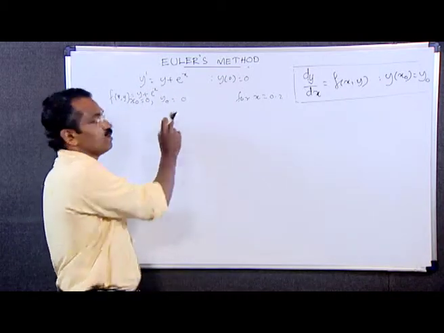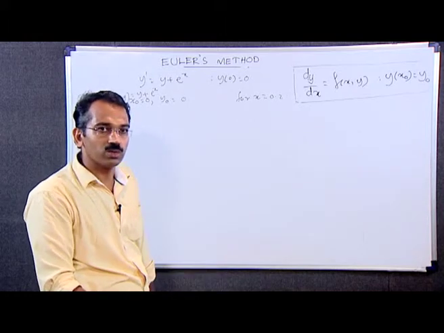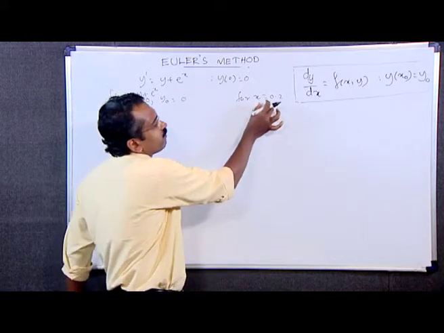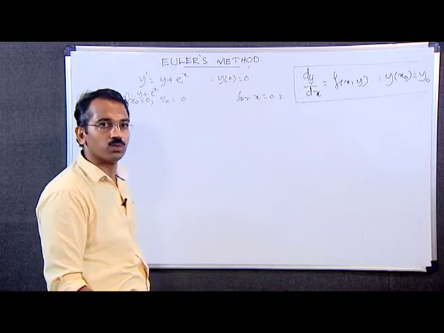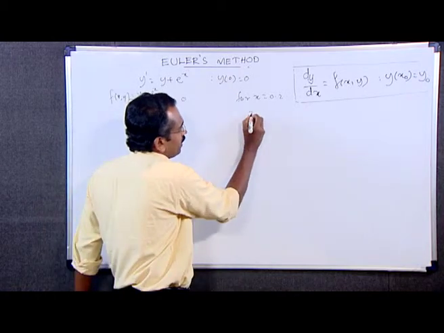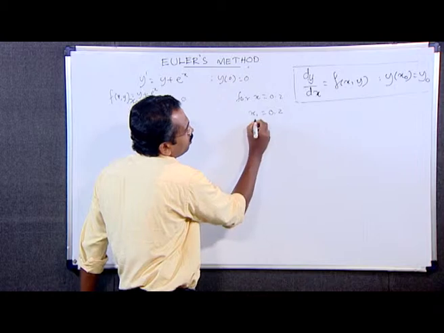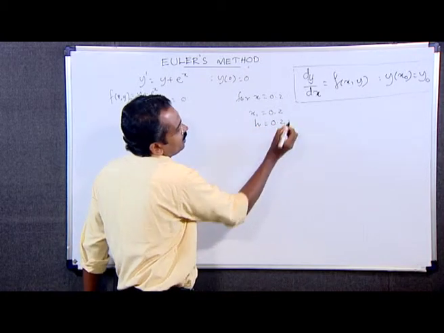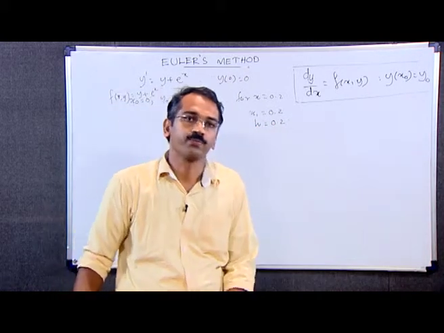Now, we want to find y at x is equal to 0.2. Therefore, we choose x1 as 0.2 and h equal to 0.2.